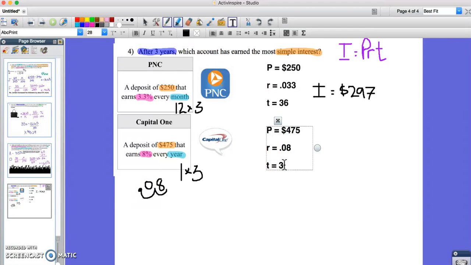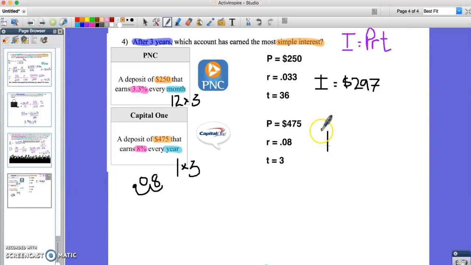Then all I'm doing is multiplying those together. 475 times 0.08 times 3 equals the interest for Capital One, which is $114.